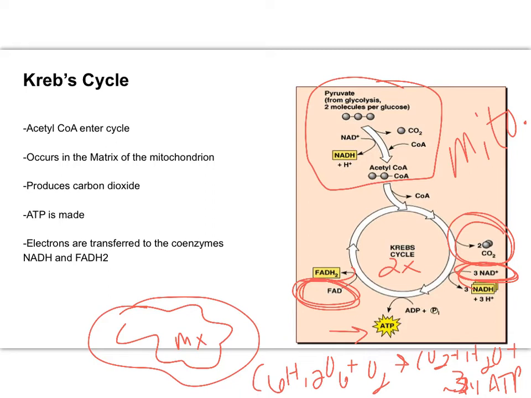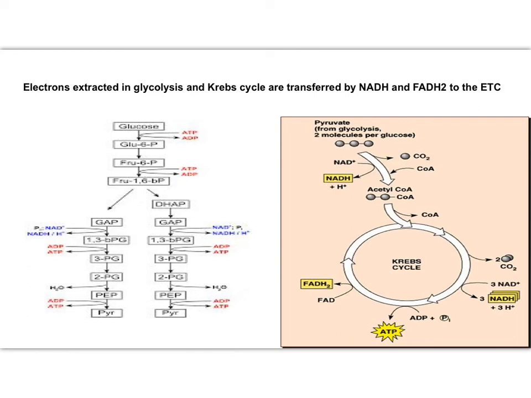And those electron carriers are really important for the electron transport chain. So when we make ATP here, we're talking about just a few. We're making the CO2 that comes out of aerobic respiration, but we're making lots and lots of these electron carriers. So these electrons are getting transferred to the electron transport chain.